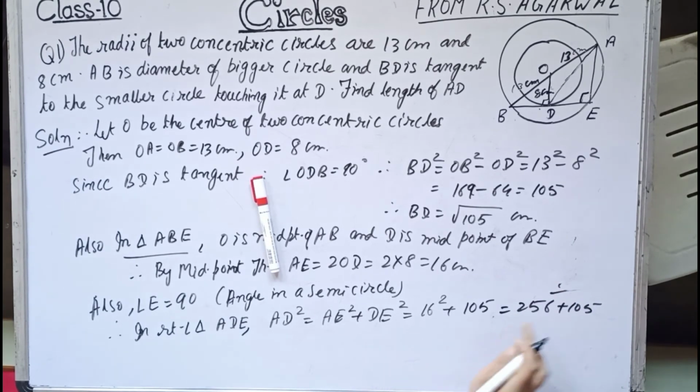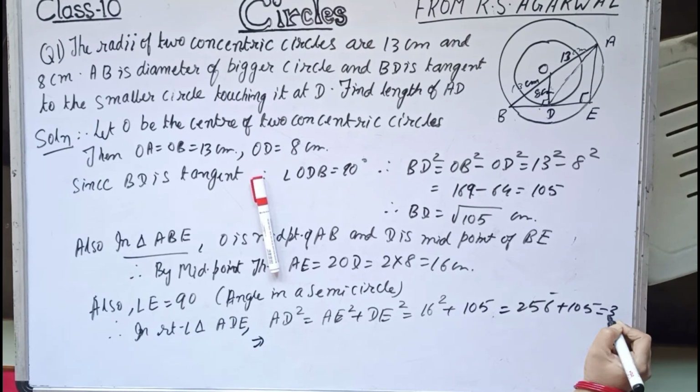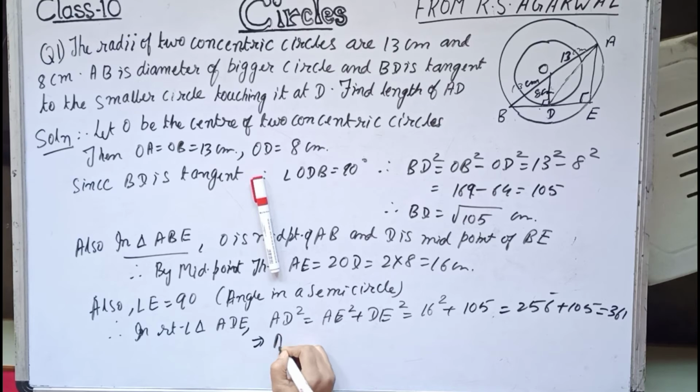So over here we can write this implies equals to 361, and therefore AD equals to under root of 361 equals to 19 centimeter.